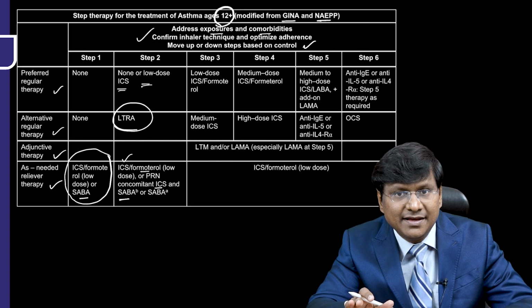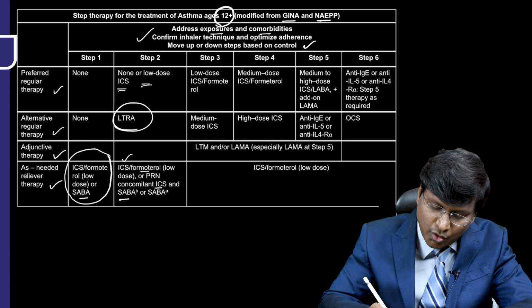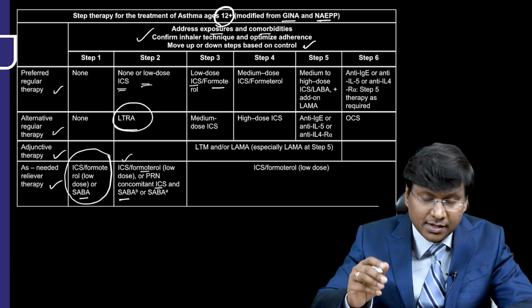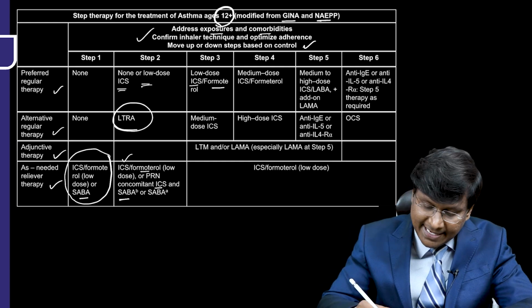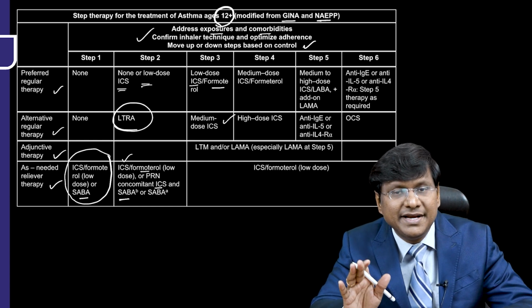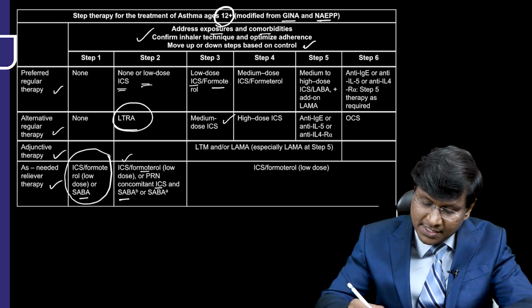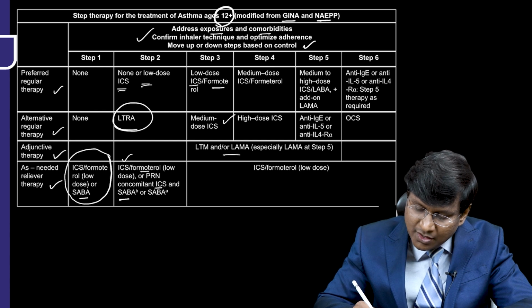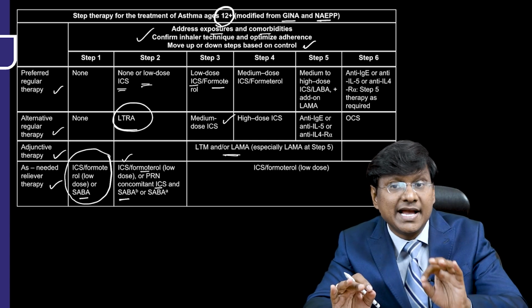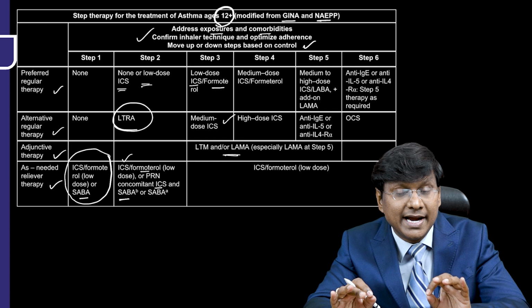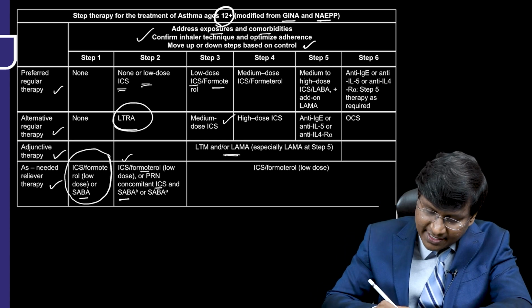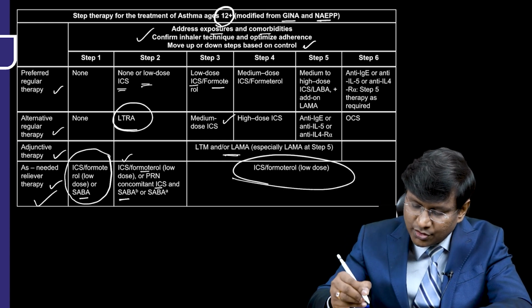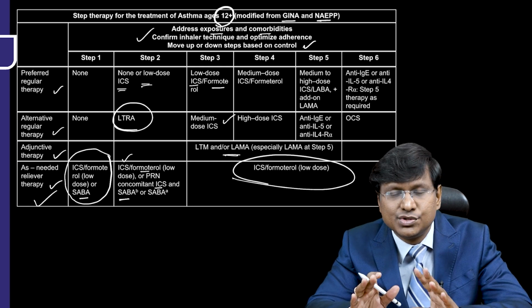Whereas in step 3, they will require low-dose inhaled corticosteroids or formoterol. The alternative therapy will be medium dose inhaled corticosteroids. The adjunctive therapy will be a long-acting muscarinic antagonist. And for reliever therapy, inhaled corticosteroids or formoterol in low dose should be given.